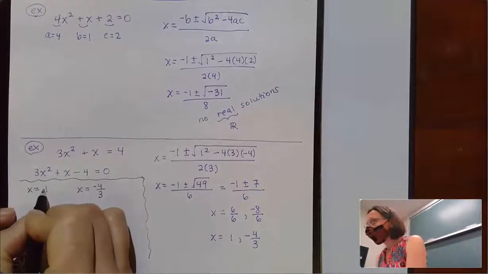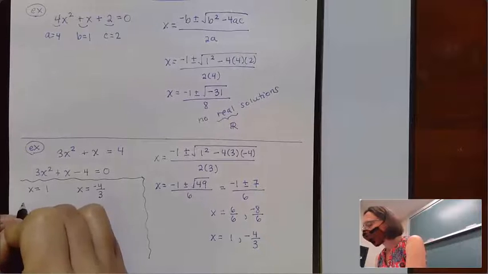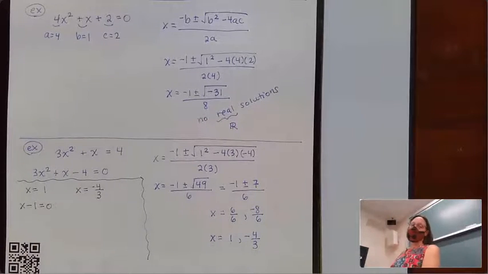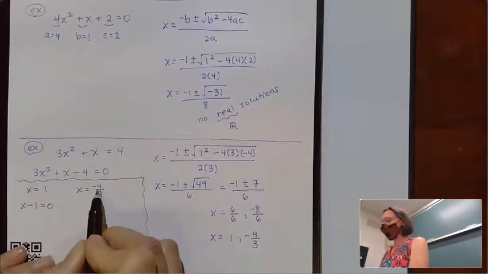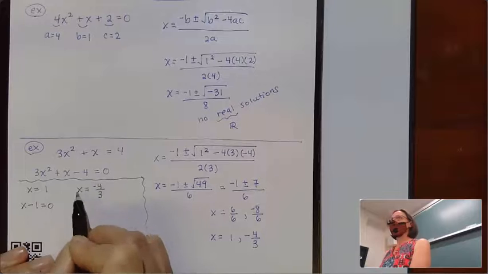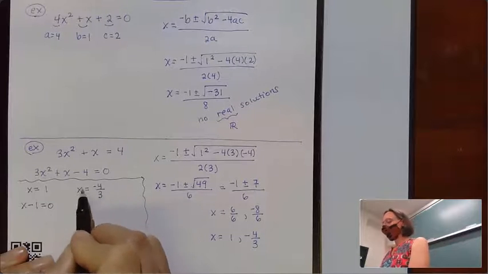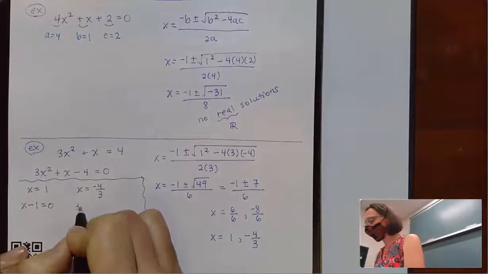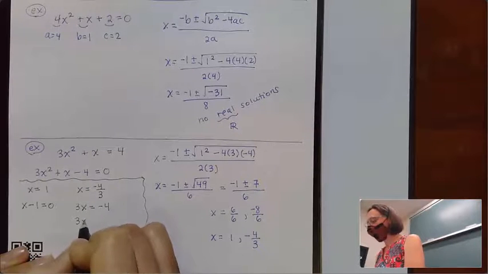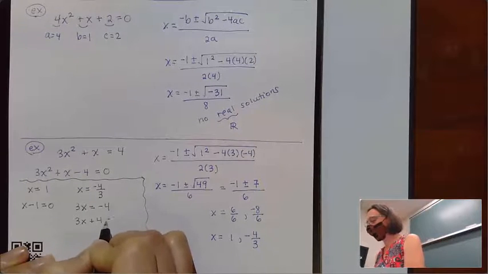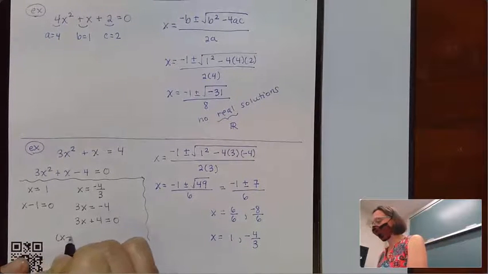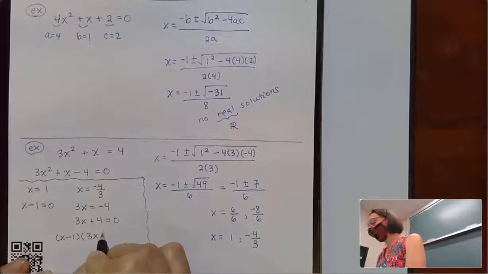So if I subtract 1 from both sides, I'll get x minus 1 is equal to 0. And the trick here is, I don't want to just add the fraction over. I don't want fractions. So I'm going to multiply both sides by 3, and then add the 4 over to say 3x plus 4 is equal to 0. So I know that that original equation must have factored as x minus 1 times 3x plus 4.